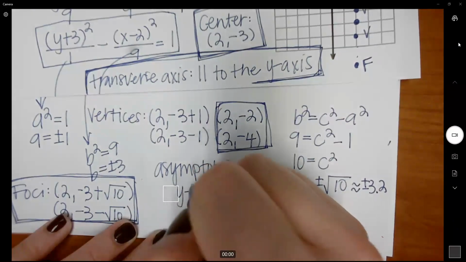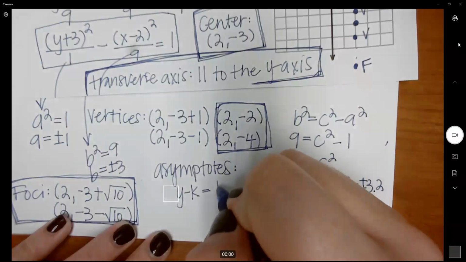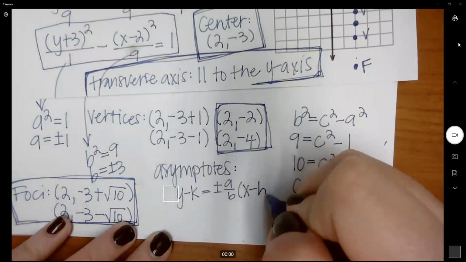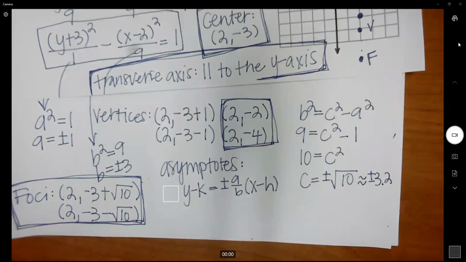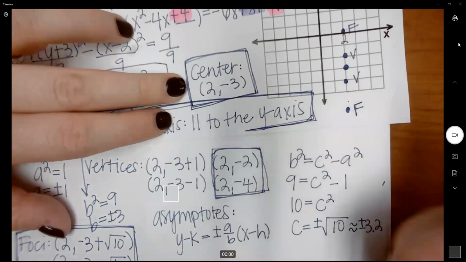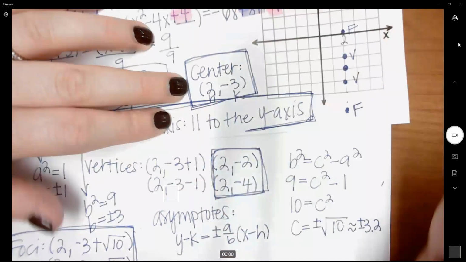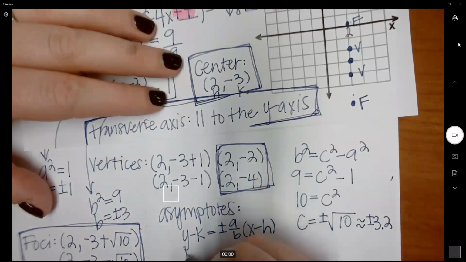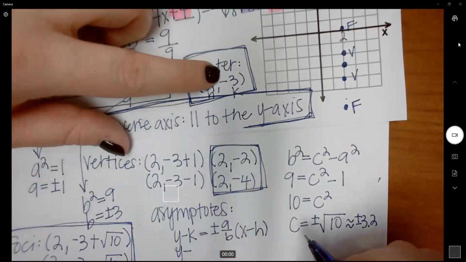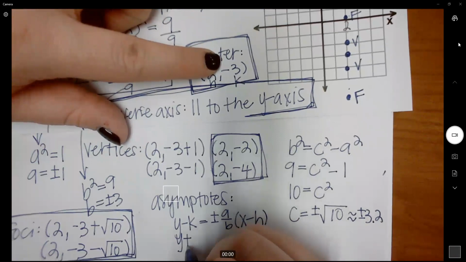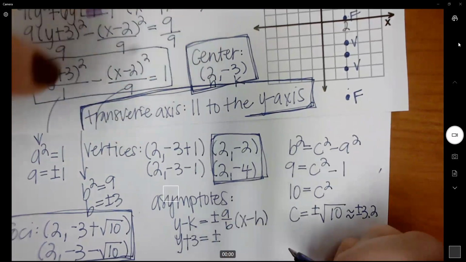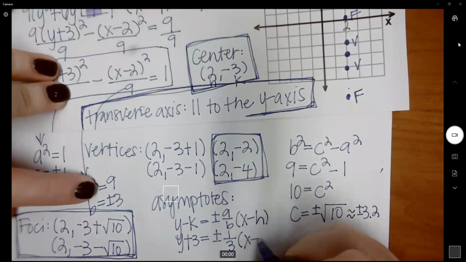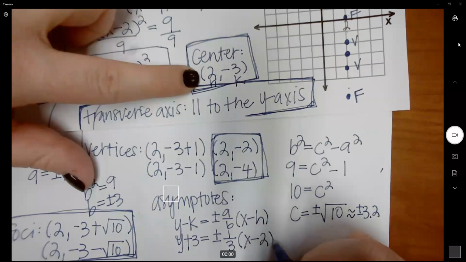We have y minus k equals plus or minus a over b times x minus h. And we have all of that information. Here is my h, here is my k, here is my b, here is my a. So plug that in. We have y minus k, which is -3, so this is y plus 3, equals plus or minus, my a is 1, my b is 3, over, x minus h, which is 2.